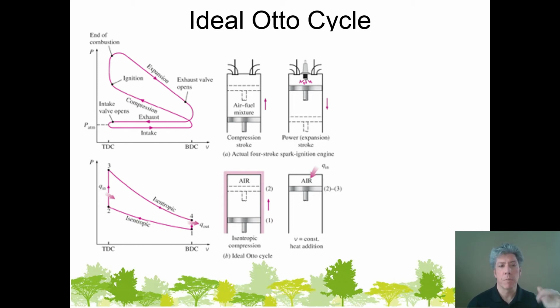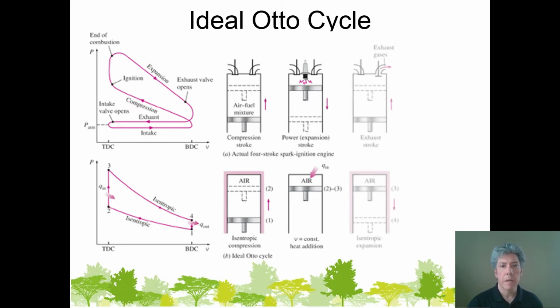So you'll notice the move from state 2 to state 3, where heat is added on the bottom row, and that approximates the combustion process that occurs in the real engine. Now, understand that during that process, we're going to assume that the piston simply stays still. So you'll notice in the idealized diagram that from state 2 to state 3, that's all at one single volume.